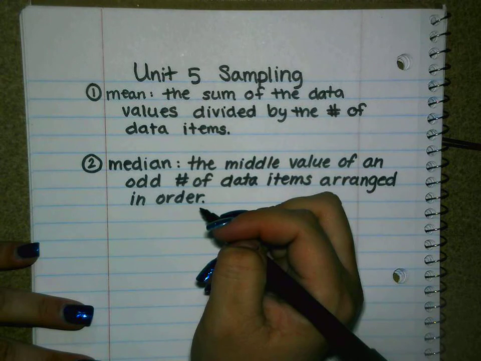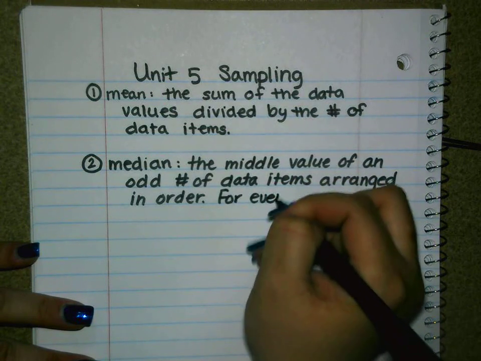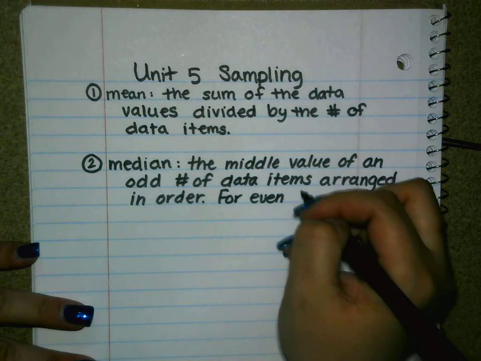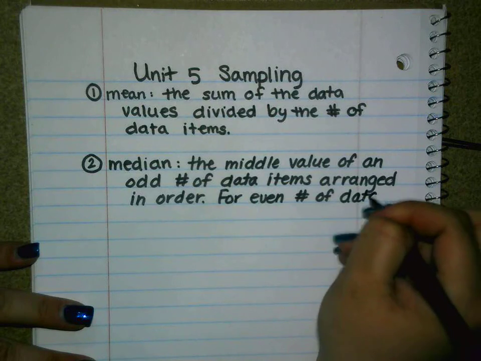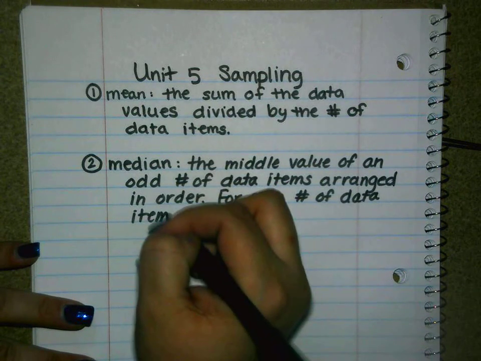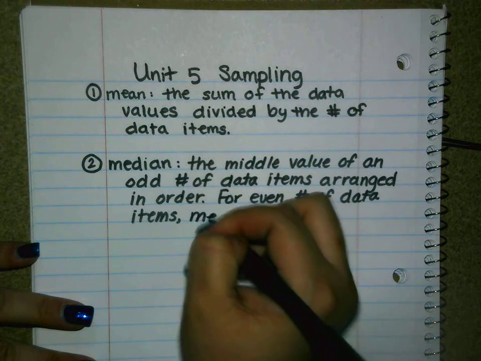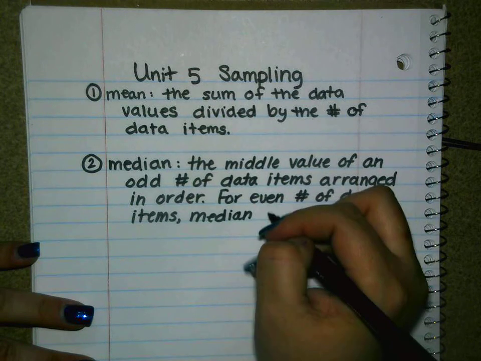Okay, but for an even number of data, the median is going to be the mean of the two middle numbers.